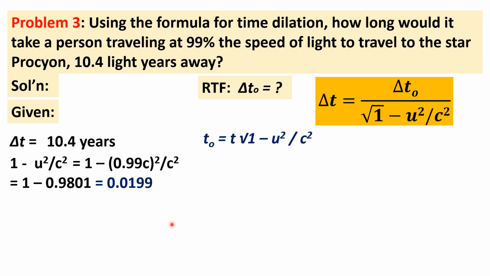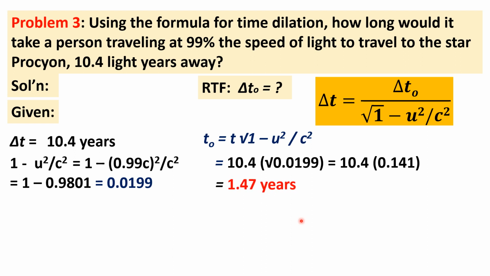So all we need to do is multiply the value of t, which is 10.4 years, by the square root of 0.0199, and that gives us for t naught 1.47 years.